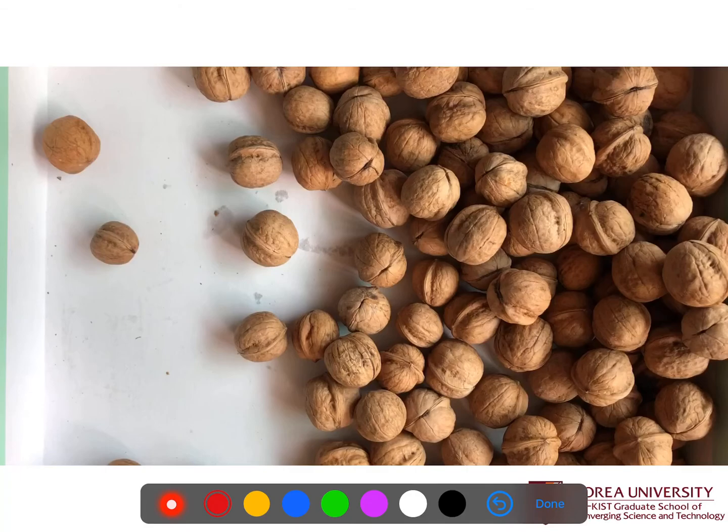This movie is actually taken by myself. What you are seeing here are the balls, and each ball is randomly arranged and aggregated at the initial state. So let's see what's going to happen when I put in enough thermodynamic energy.